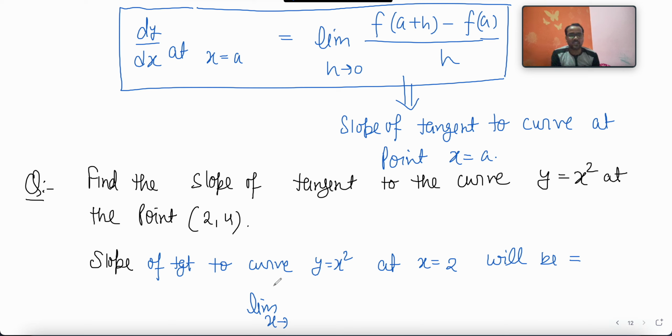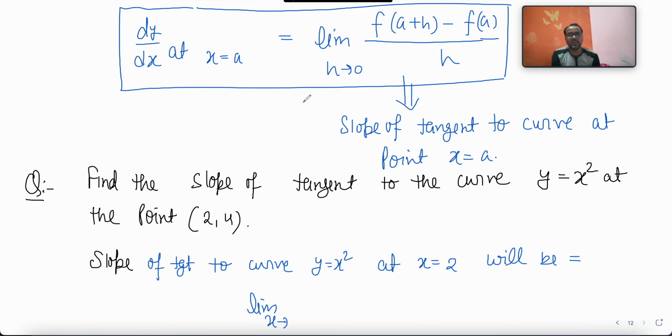So the slope of the tangent to the curve y equal to x square at x equal to 2 will be, in place of a we will put 2, because this slope is at x equal to a and we want the slope at x equal to 2.